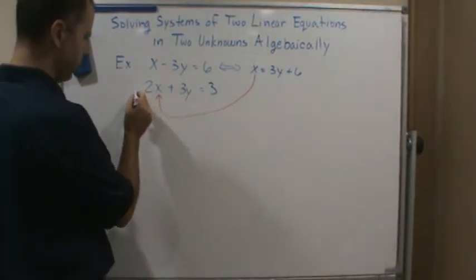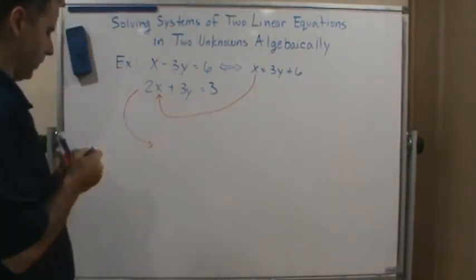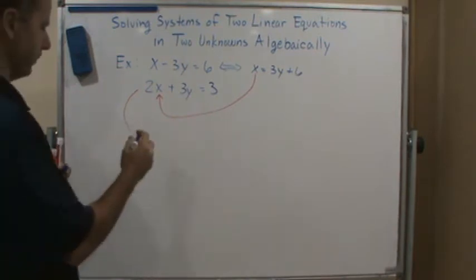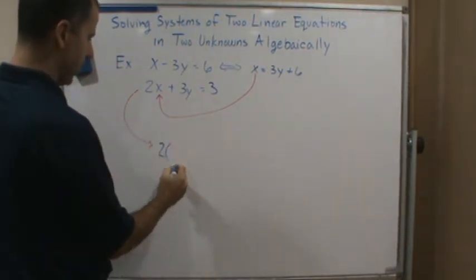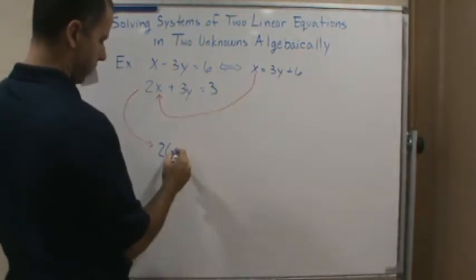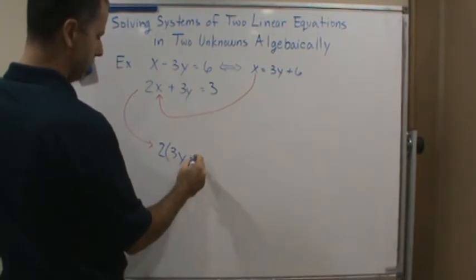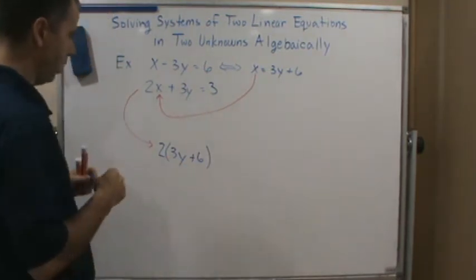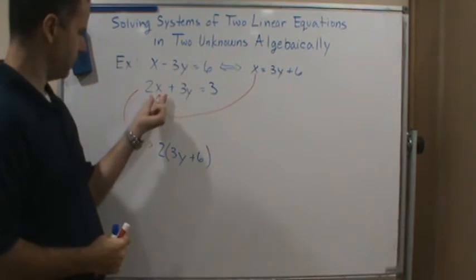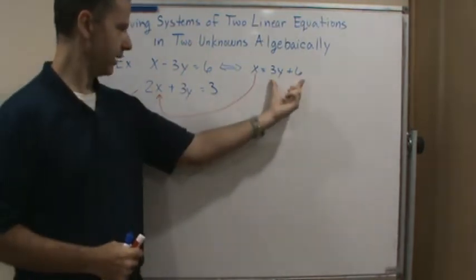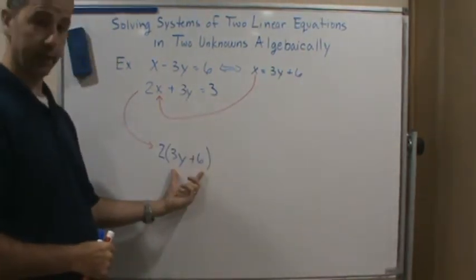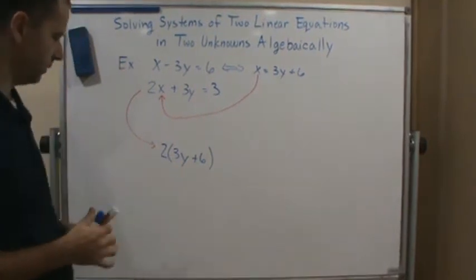And so if I do that, what do I get? I get 2 times what? 3y plus 6. So all I did was substitute in for x, and instead of writing x, I'm going to write 3y plus 6.